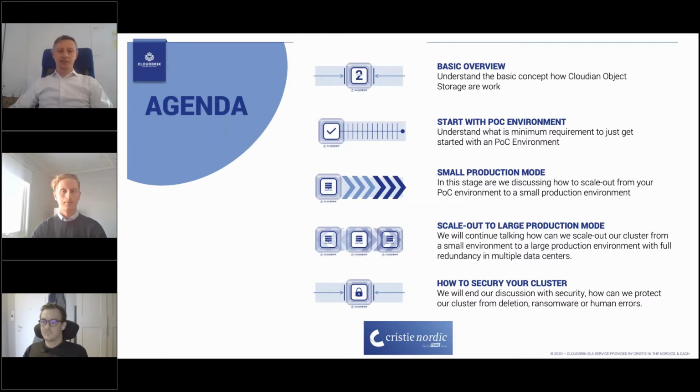And in the end of this session, we will also go through a little bit of security. But this is just a brief security topic, because the next Tech Talk will be a deep dive into application and security in your object and S3 storage.